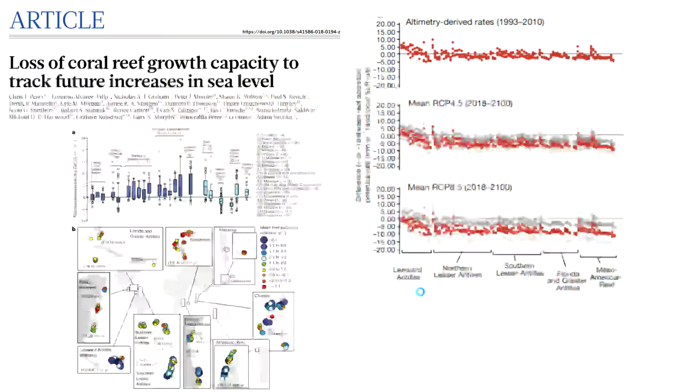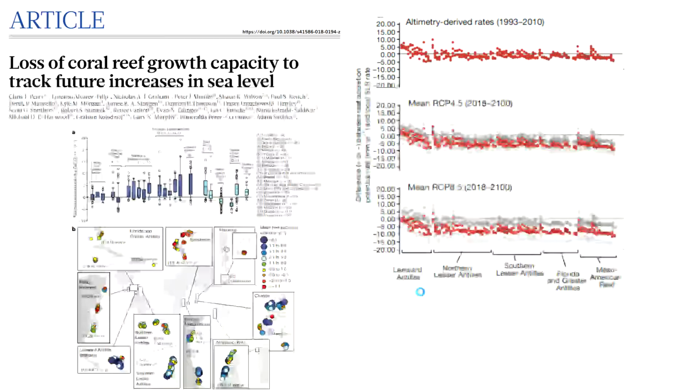Over on the left-hand side, we've basically got estimates of the amount of calcium carbonate that different coral reefs can produce per year. And you can see that coral reefs generally accumulate calcium carbonate because they grow these skeletons.